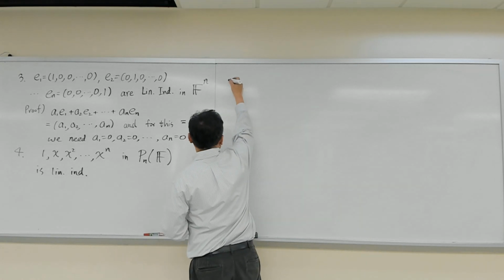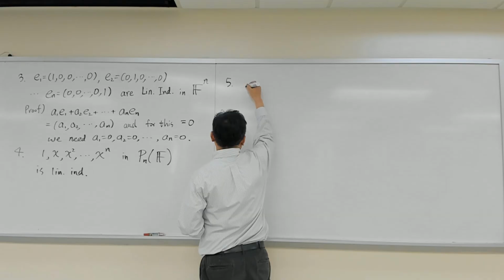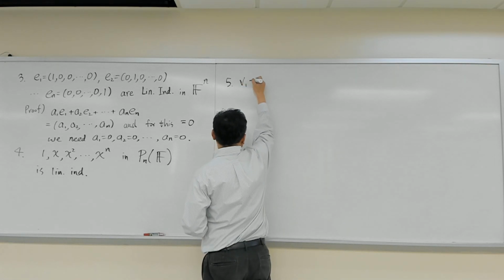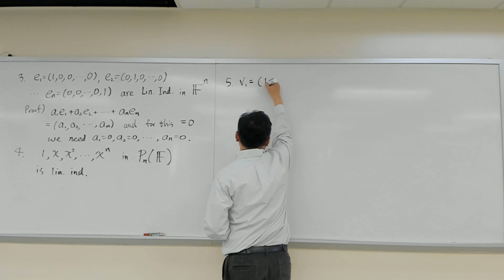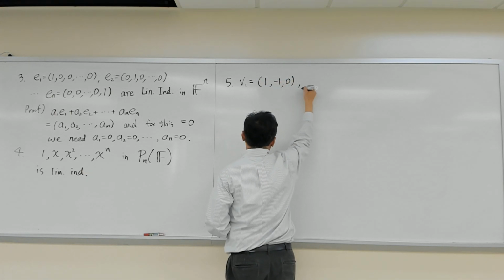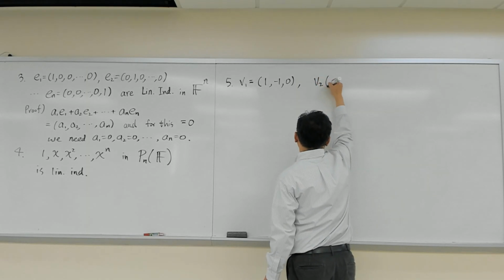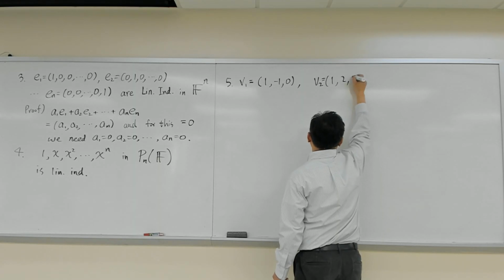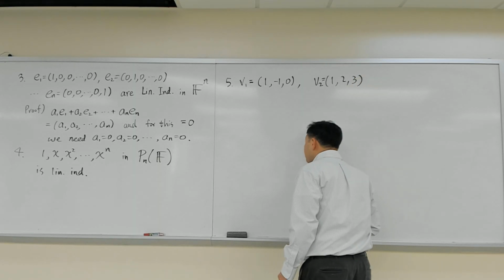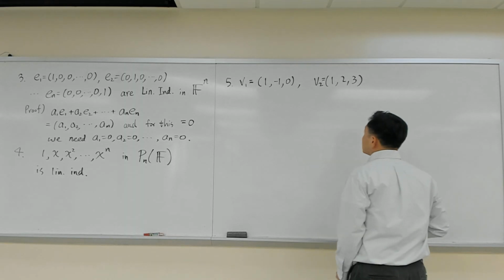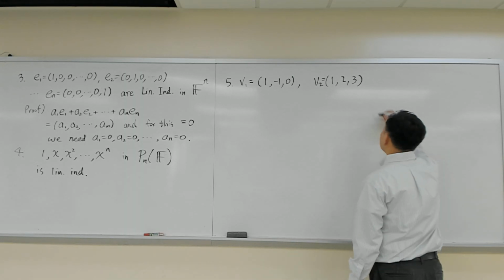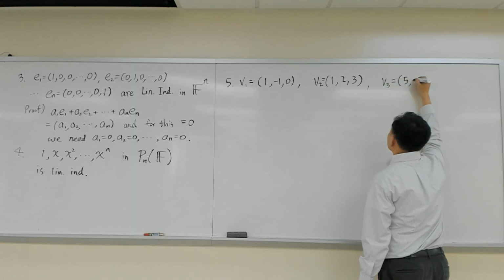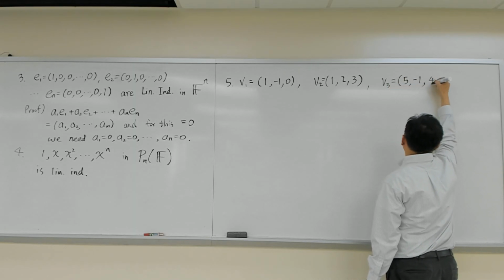Okay, number 5. Let's say v1 equals (1, -1, 0), v2 equals (1, 2, 3), and then v3 is equal to (5, -1, 4).